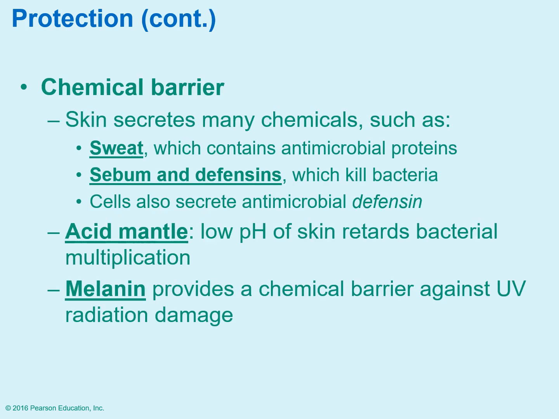As a chemical barrier, the skin secretes several different chemicals that are protective. Sweat contains, as we said, some antimicrobial proteins that will kill fungus, bacteria, etc. Sweat also contains sebum and defensins. Those will kill bacteria. The skin overall has a more acidic pH. Bacteria tend to prefer a neutral to slightly basic pH.